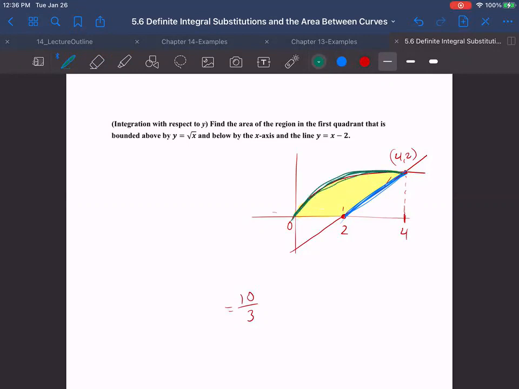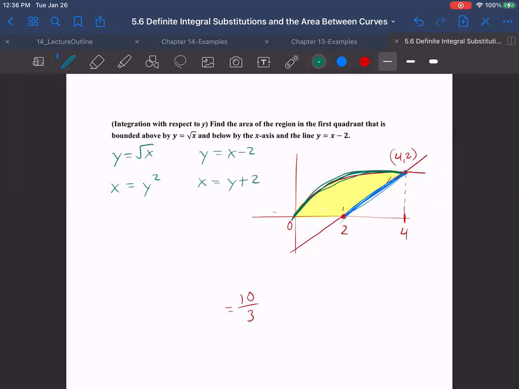That makes sense? So we would do y equals square root of x, and it would become x equals y squared, right? A parabola. And then this other one, we've got y equals x minus 2 becomes x equals y plus 2. And that would be that straight line.